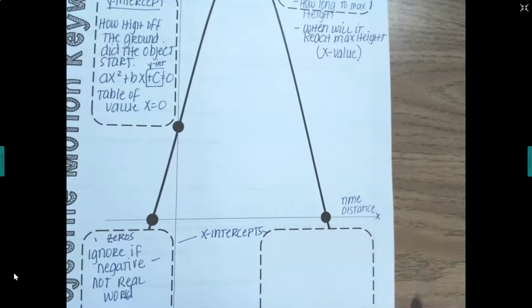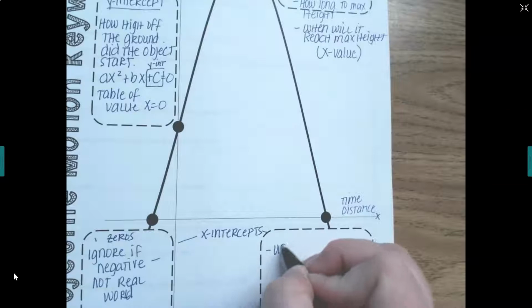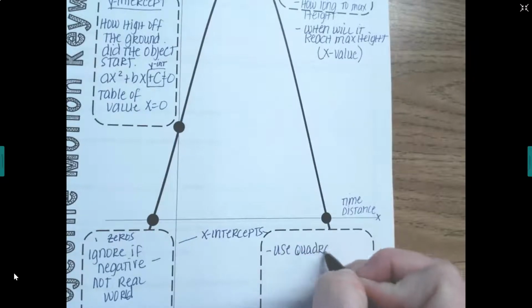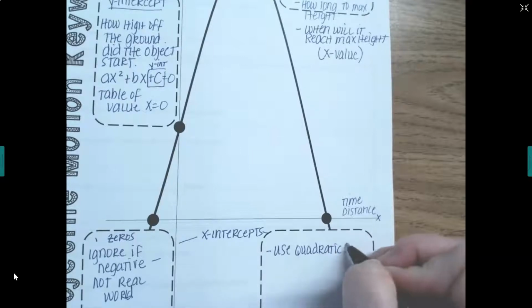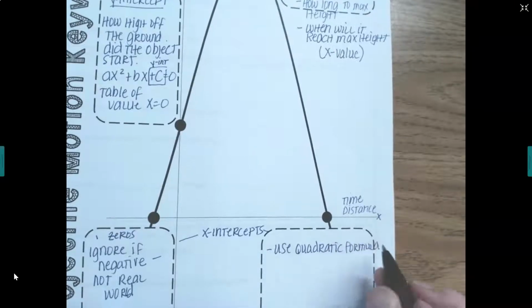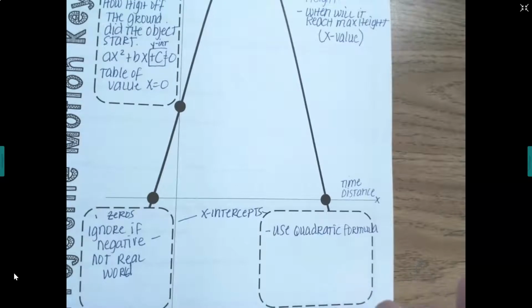On this side, most likely you're going to need to use the quadratic formula to find it. We want the answer in decimal form, so you're going to simplify it all the way down.